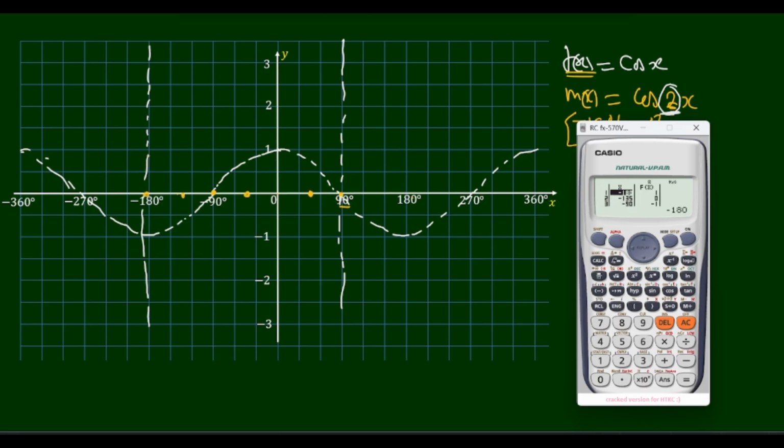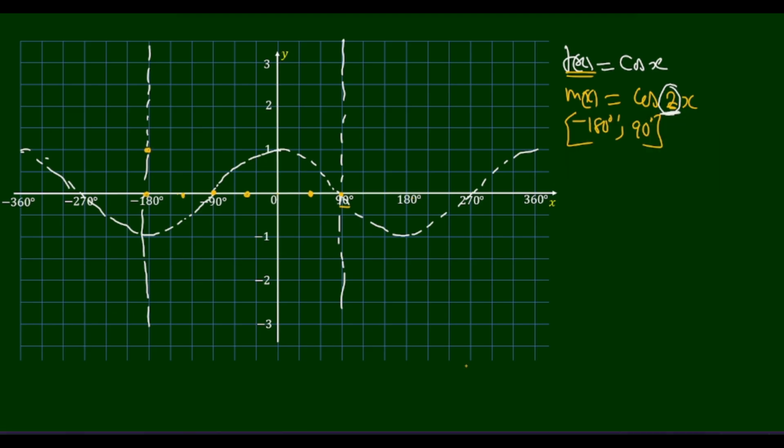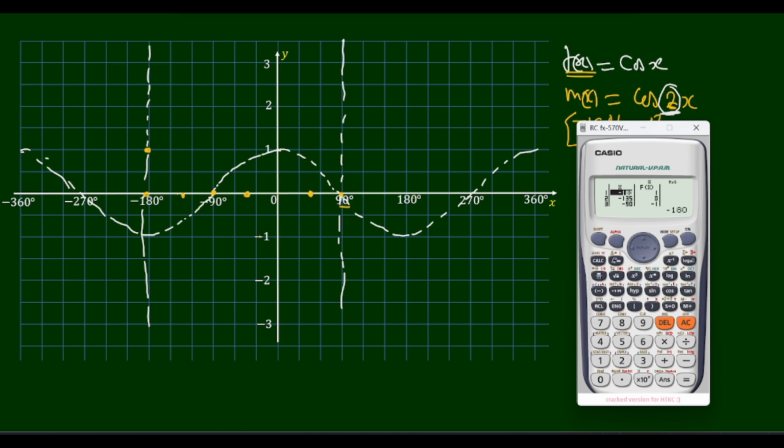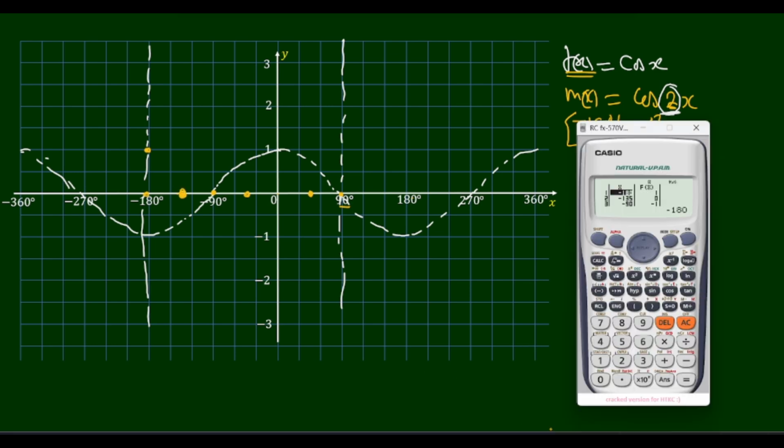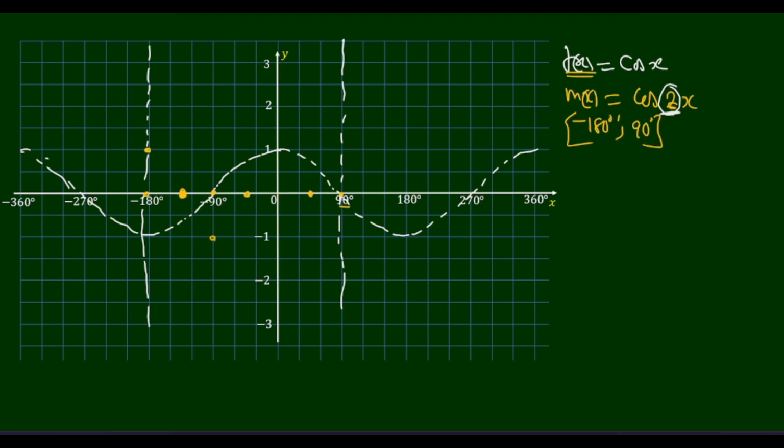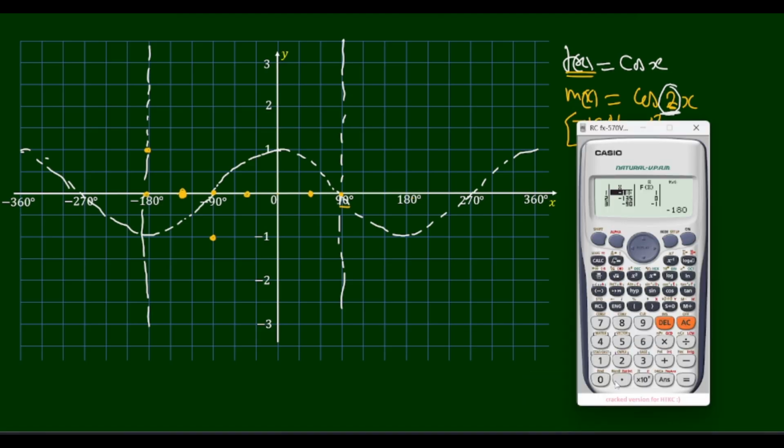Let's plot our 1 here. All right, and then where it is negative 135, negative 135 is 0. So it's 0 here. And then we have negative 90, which is negative 1, like this. And then we have, let's check, negative 45.